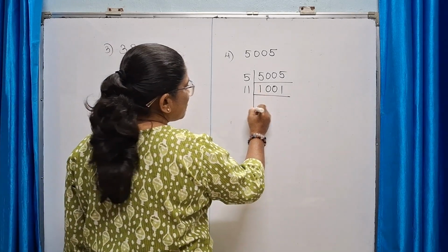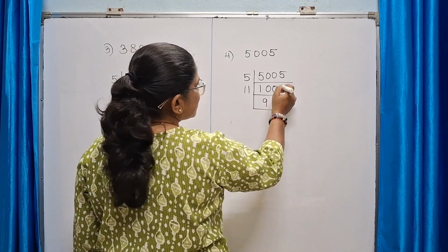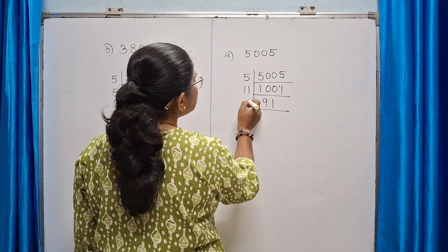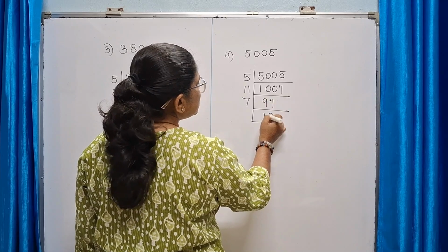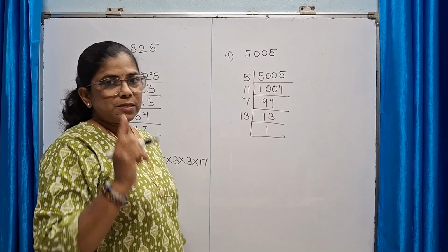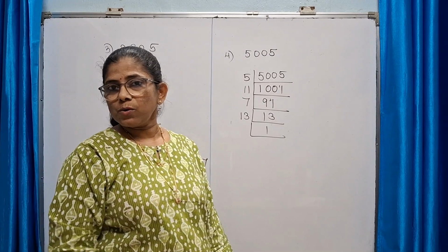So here let's divide this 1001. 11 nines are 99, 1, it's 91. 91 is divisible by 7. 7 ones are 7, 7 thirteens are 91. Now 13, 13 ones are 13. I repeat again, it is not necessary that we have to go in ascending or descending order of the factors.